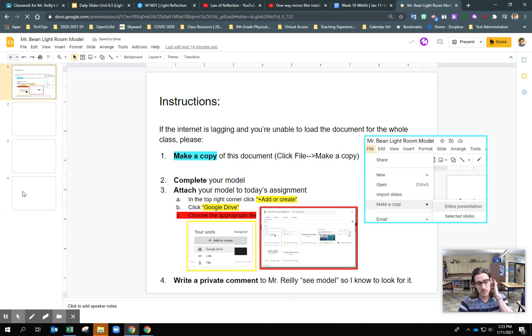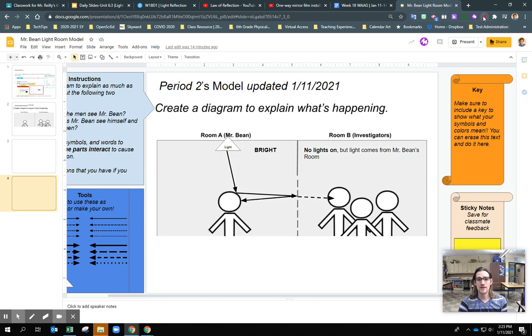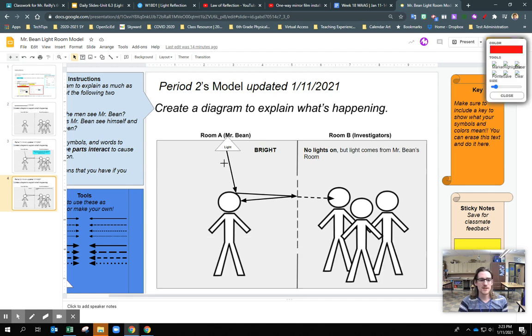However, as we explore this, it seems like in a lot of the initial models created by students, they showed this reflection as being a reflection of shining down from the light and then into Mr. Bean's eyes. And actually now we're realizing, well, that's just not true.